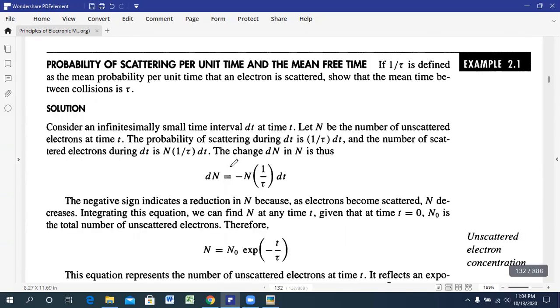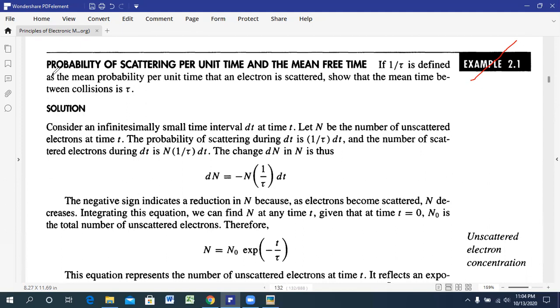Now in the next one, we'll go to example number 2.1. I will not solve these problems in detail. You have to solve these things in your room. I will just give you some idea, and if you face a problem, then I will solve this math in the problem solving class.